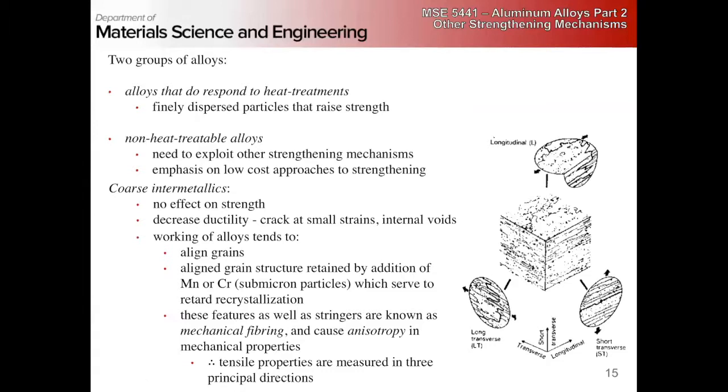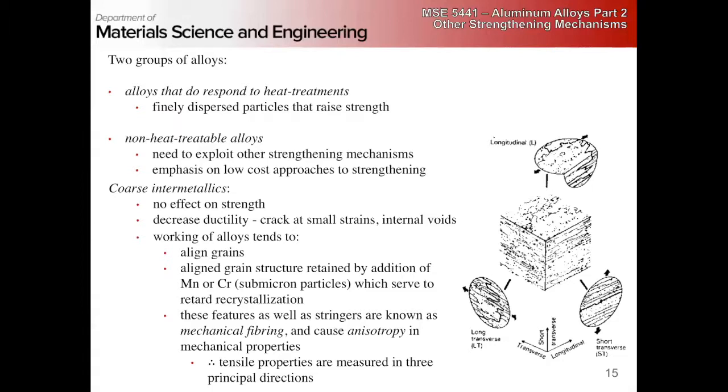And as I mentioned in class, when we have equiaxed grains, our grains are nice spheres, and when we roll them, they become ellipsoids with very high aspect ratios, right? So essentially they become like parallel plates along the primary axis of the ellipse.